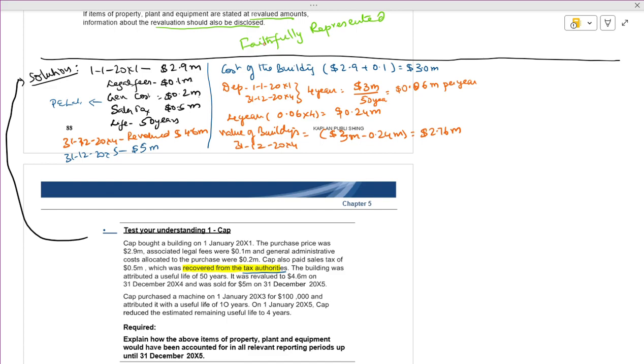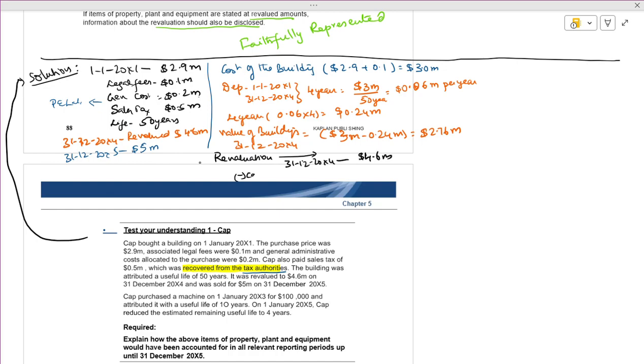Now, there is a revaluation. There is a revaluation that has taken place. Revaluation gain. How much is the revaluation price? What have they mentioned? The revalued amount as on 31/12/2004 is 4.6. Is it right?